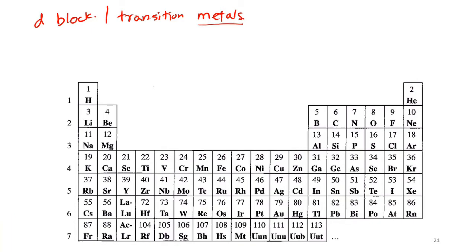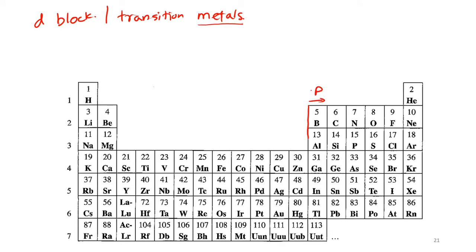And in the D block, you will see that you have 10 columns before the P block. So your P block starts from here.